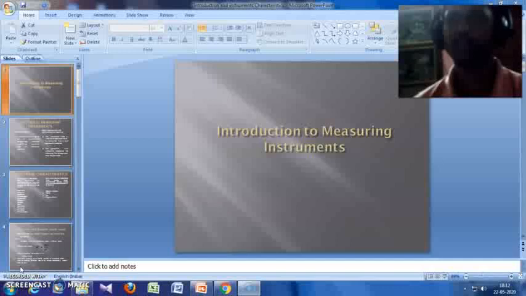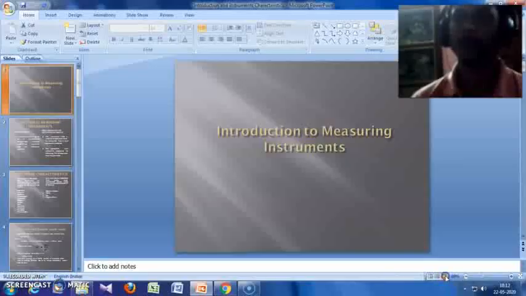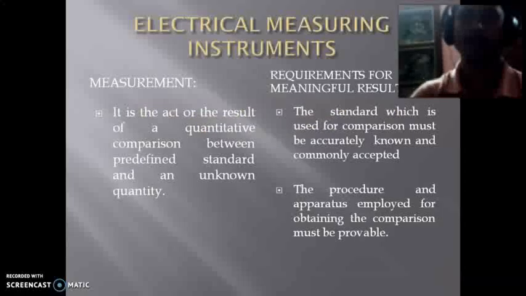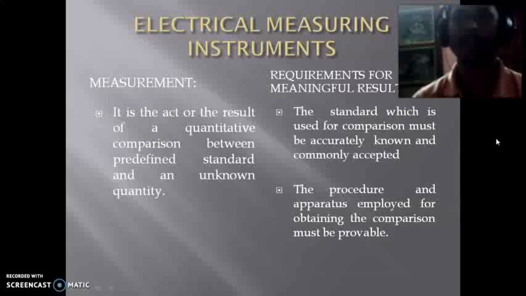I am going to give an important lecture on Introduction to Measuring Instruments. Before I start, I am going to give a definition of measurement. Measurement is the act or the result of a quantitative comparison between the predefined standard and an unknown quantity.